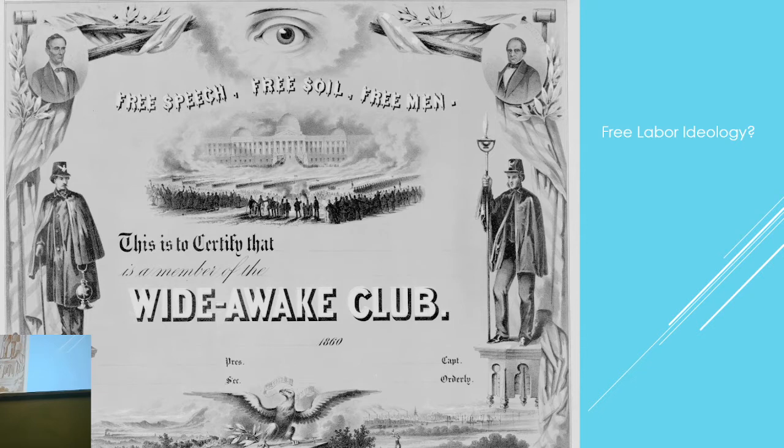As you can see here, the wide awakes in the Republican Party, their plan is to converge on Washington in 1860 and to defend the inauguration of the president against a cabal of Southerners and Irish Democrats who might overturn the presidency and prevent the elected officer from taking office.